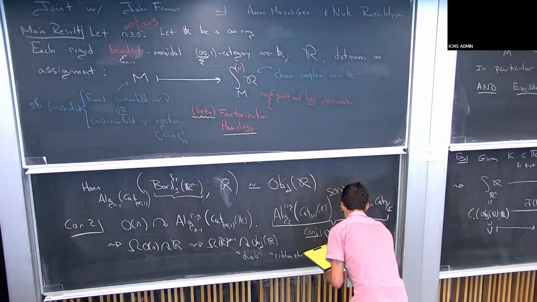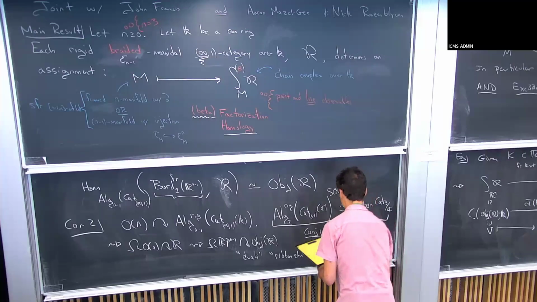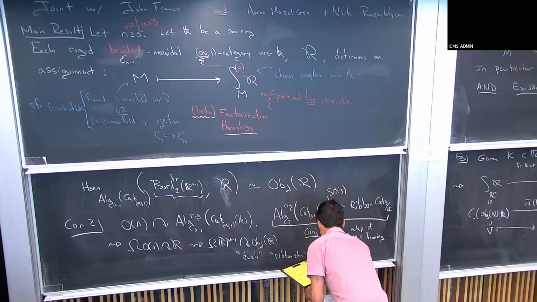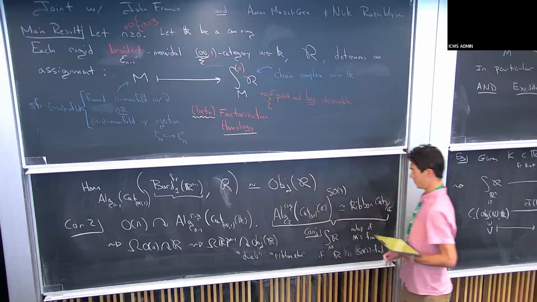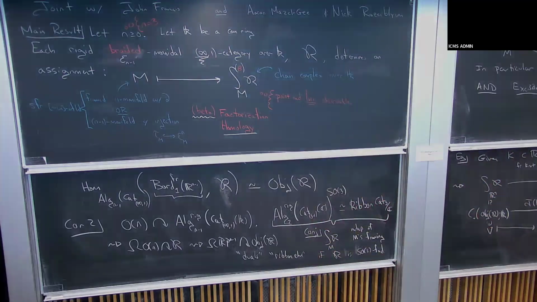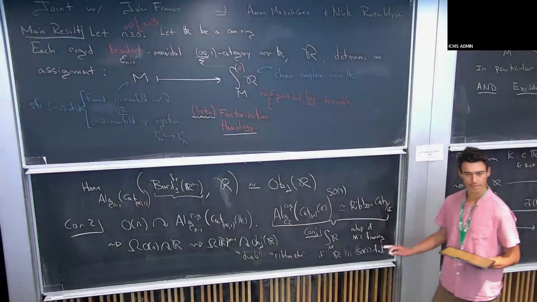Of M's framing, it only depends on the orientation. This kind of statement generally is the type of statement to be expected, but following the construction of this, it is not obvious at all.